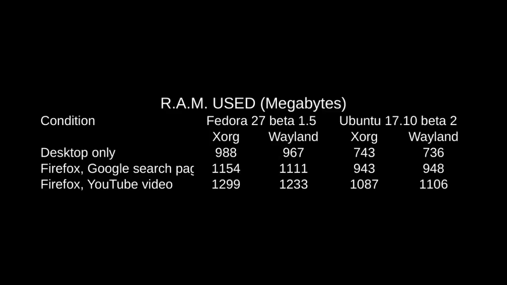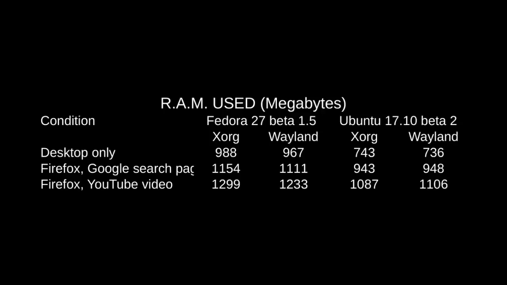Now, GNOME has traditionally been rather heavy in its use of resources. It's my perception that GNOME 3.26 is a little less resource intensive than 3.24. I've made a list here both for Fedora and Ubuntu, and with the Xorg and Wayland display managers under three conditions.